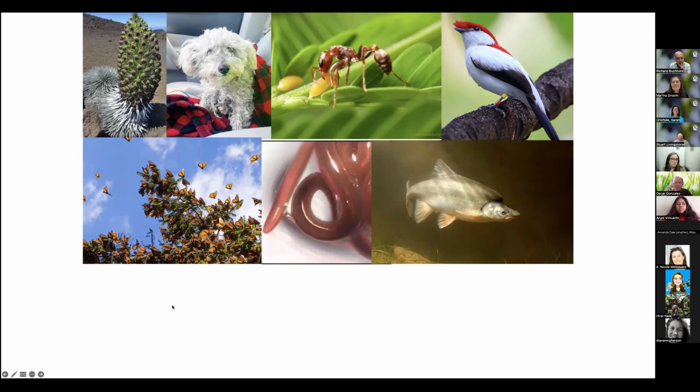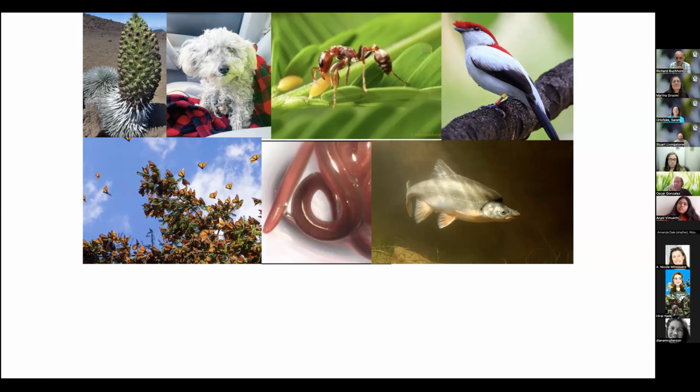And then for the other six species, we have monarch butterflies, pretty classic. In the middle there, you can see a picture of the nematode, Eustrongylides. This is a parasite, obligate parasite. As an adult, it's in the intestines of wading birds.